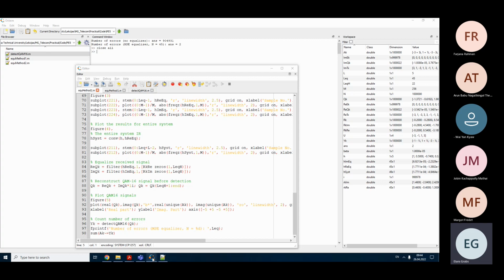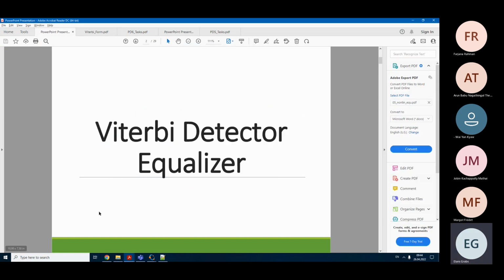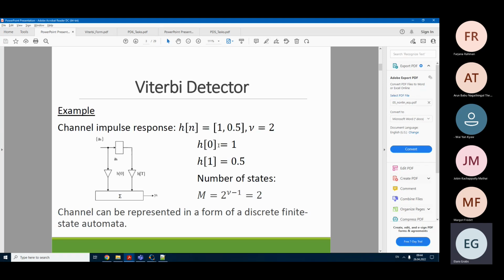There are different types of nonlinear equalizers, and we'll speak of that more next week, what kinds of alternatives to this Viterbi detector can be used. But this method is one of the, how to say, practically robust and reliable. So we start with the Viterbi detector equalizer.